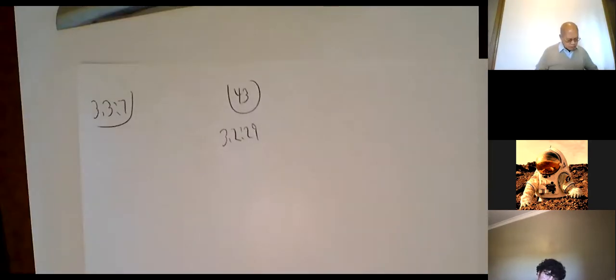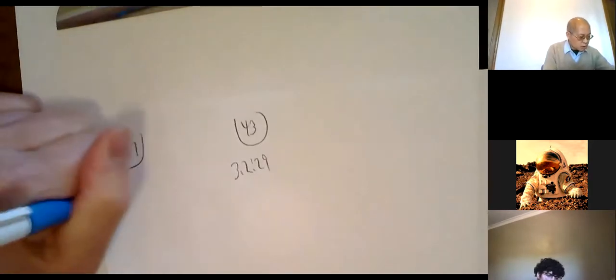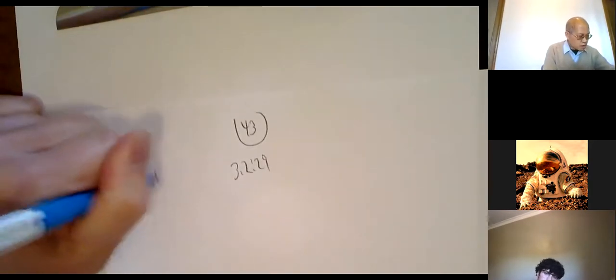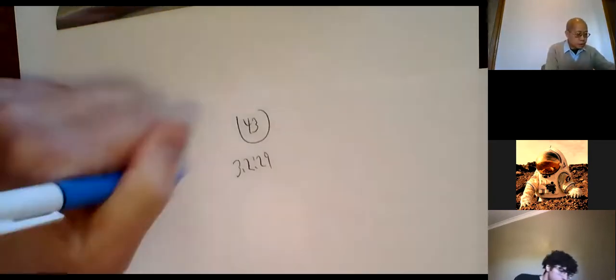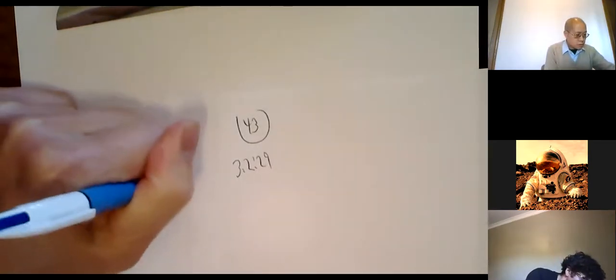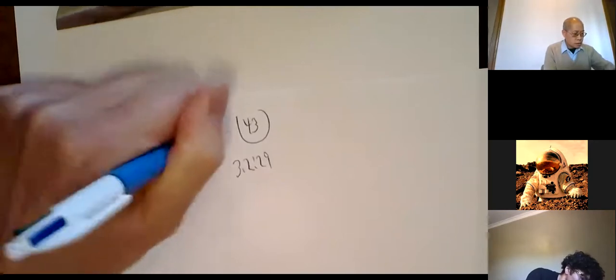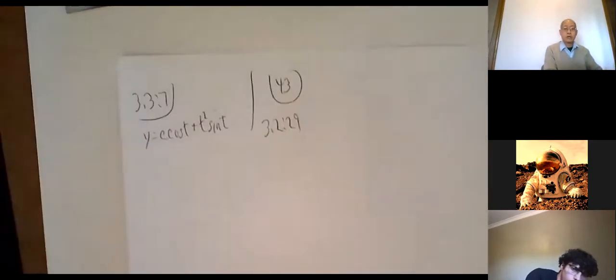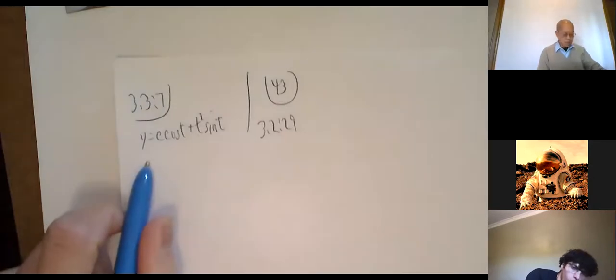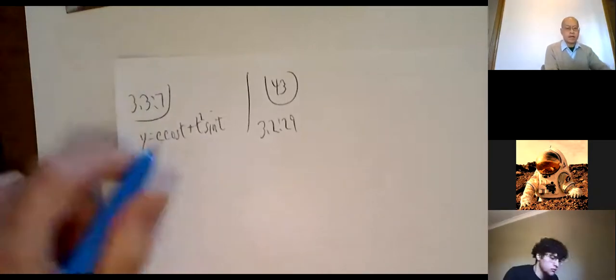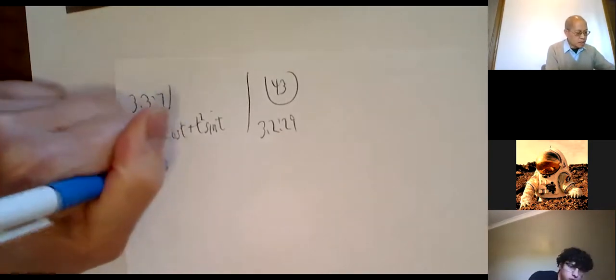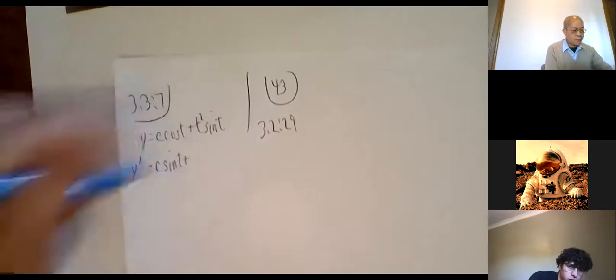Okay, 3.3 number 7. y equals C cosine of t plus t squared sine of t. Okay, C is a constant. Pretend it's 7 or something like that. So derivative of cosine is negative sine, so negative C sine t.